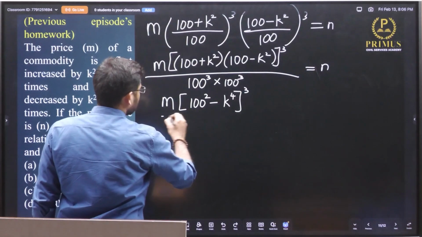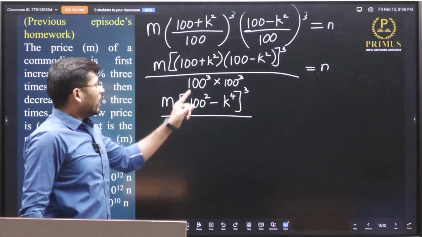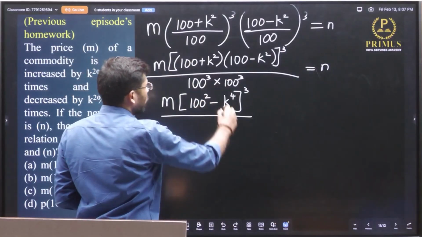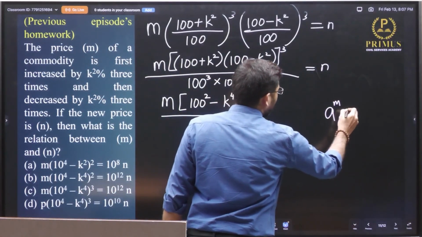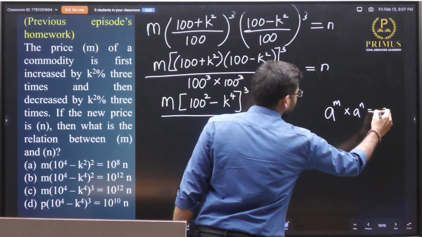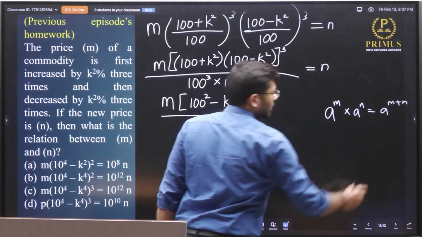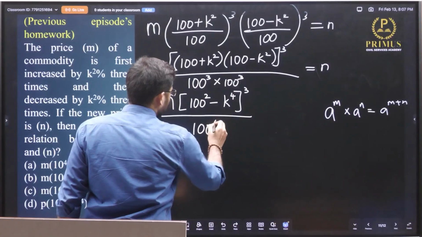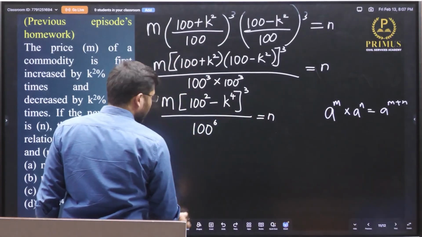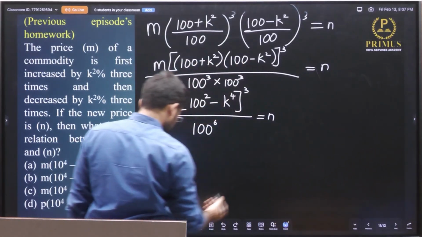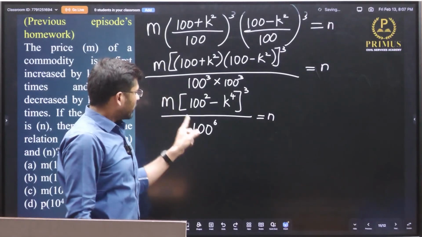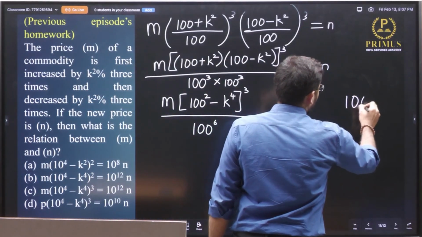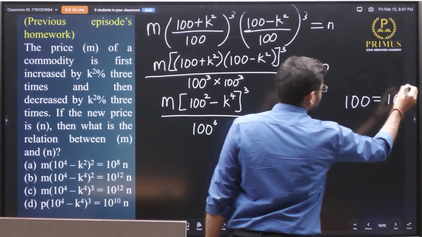Whole cube divided by 100 cube into 100 cube. This is given by A power m into A power n is A power m plus n. So 100 cube into 100 cube will be 100 power 6, and this is said to be N. Now we can further do something about this 100, because we know that 100 is 10 square.